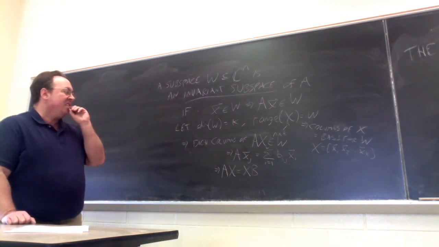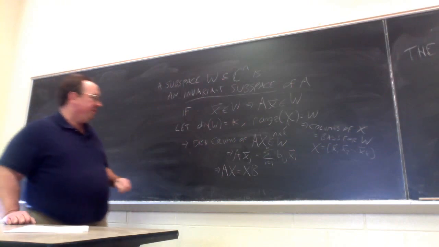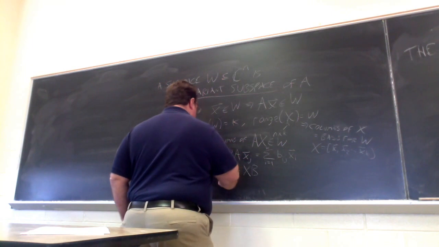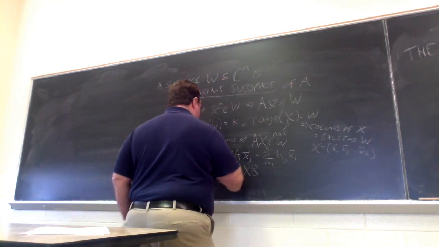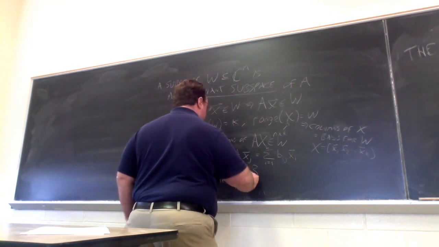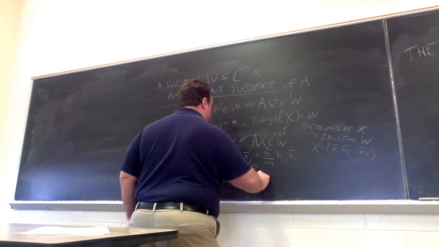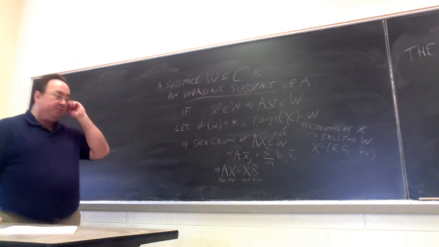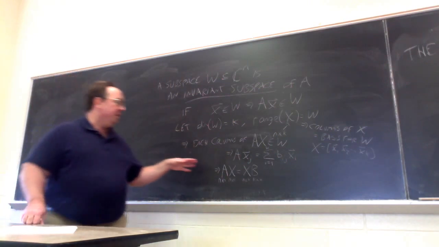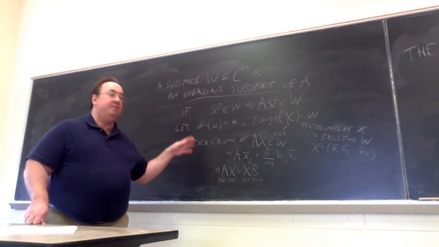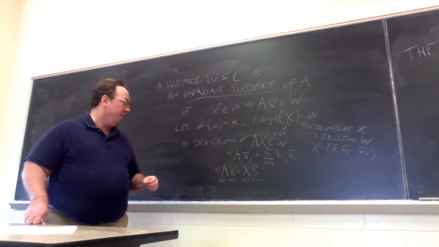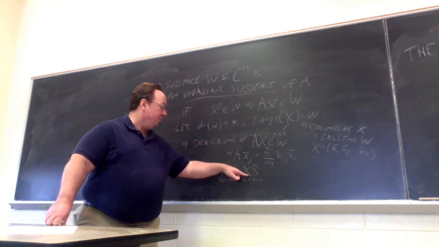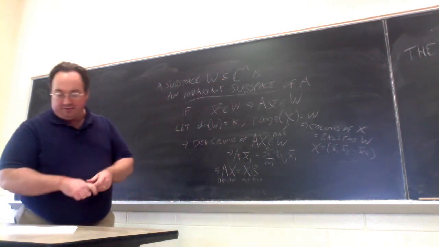Now, but the thing is, this matrix A is n by n, X is n by k, and B is only k by k. All right. So this is the kind of relationship that we always have whenever we have an invariant subspace: multiplying A by X gives you some linear combination of the columns of X.